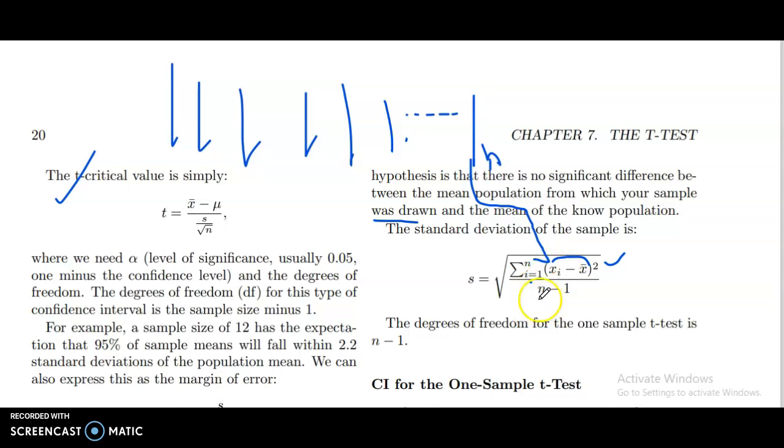For n minus 1, we deduct 1 from n and divide by this value. Then for the total value we take the square root, so it is reducing.